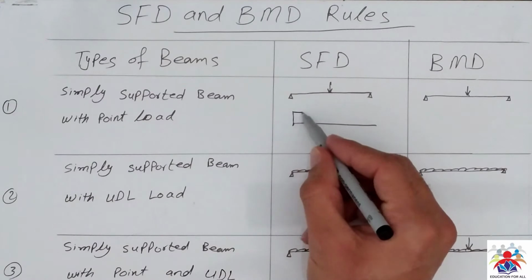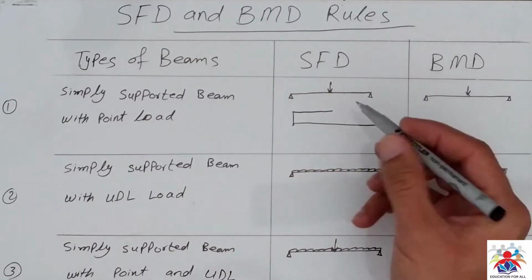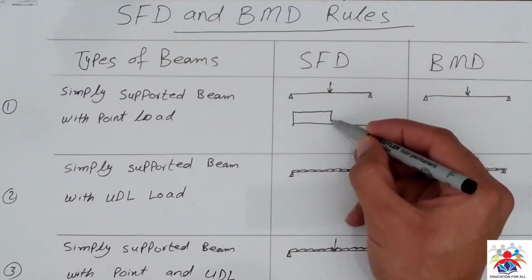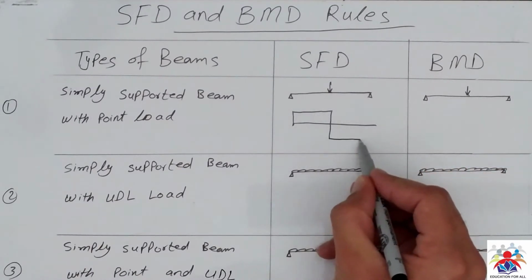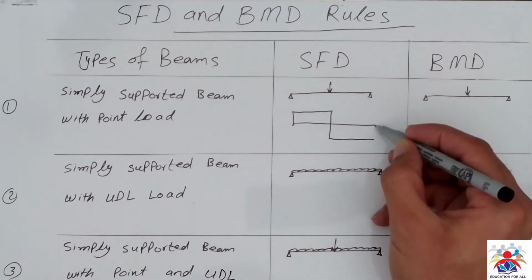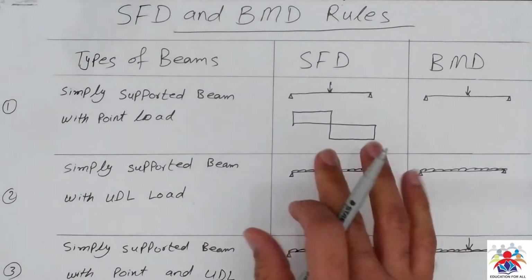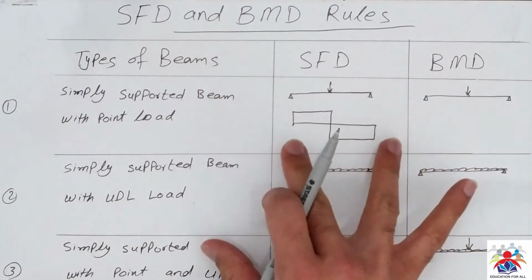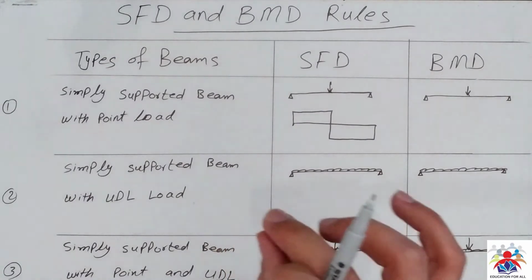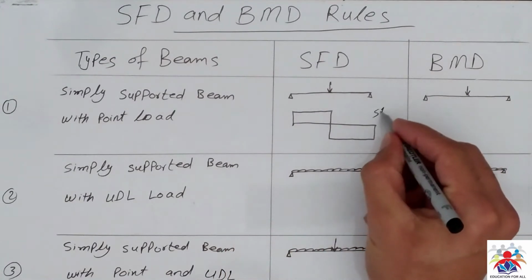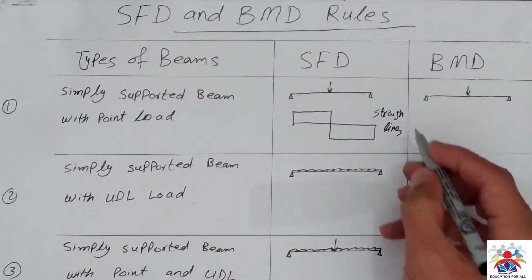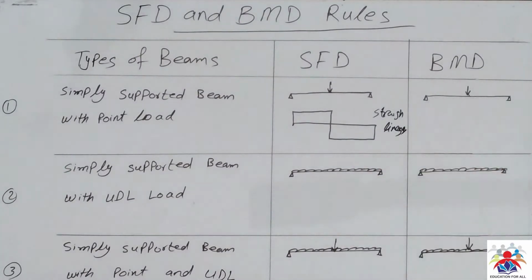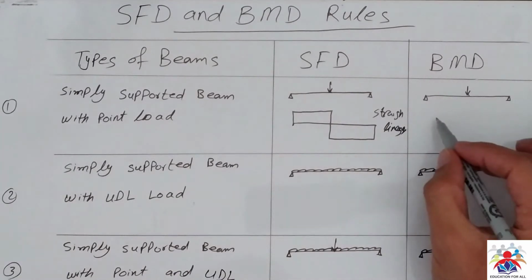Reaction always acts upwards, and when you come to the middle, the point load forces your beam to go down, and then you will go to your final stage. In this shear force diagram, you will use straight lines.